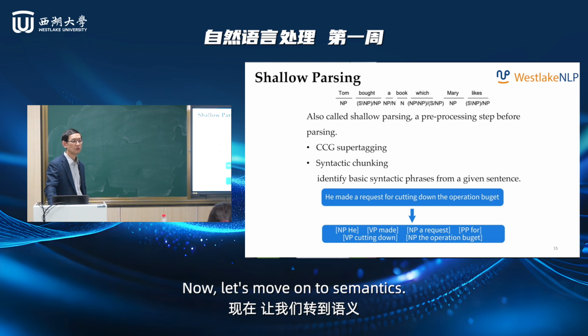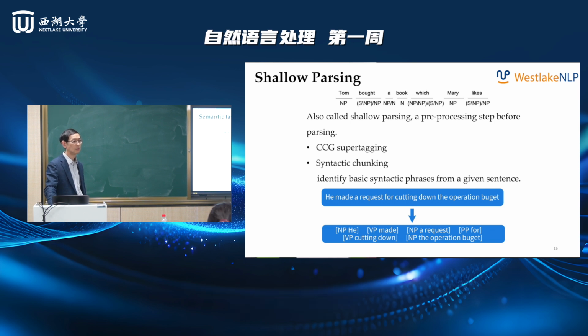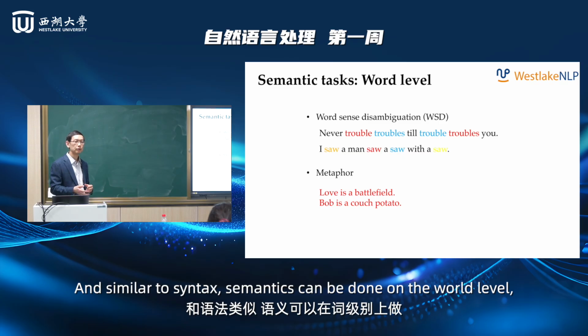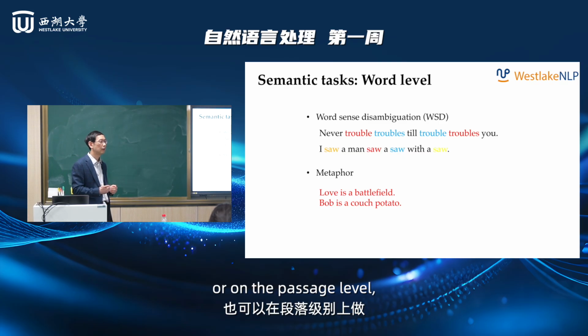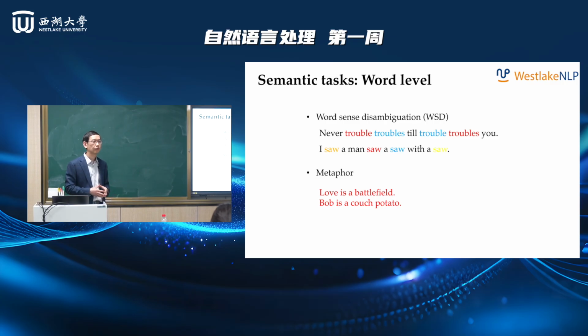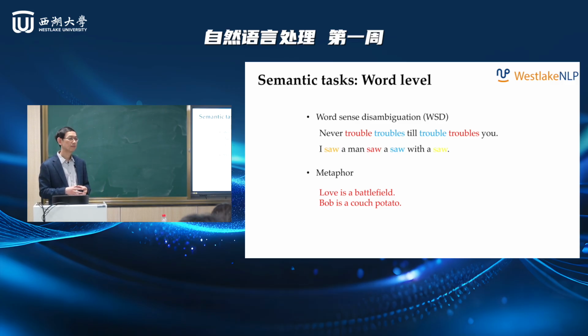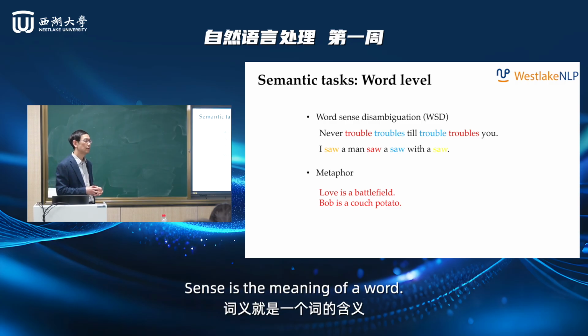Now let's move on to semantics. There are a lot of things people study in semantics, basically what things mean. Similar to syntax, semantics can be done on the word level or on the passage level. On the word level, people study word sense. What is sense? Sense is basically the meaning of a word.